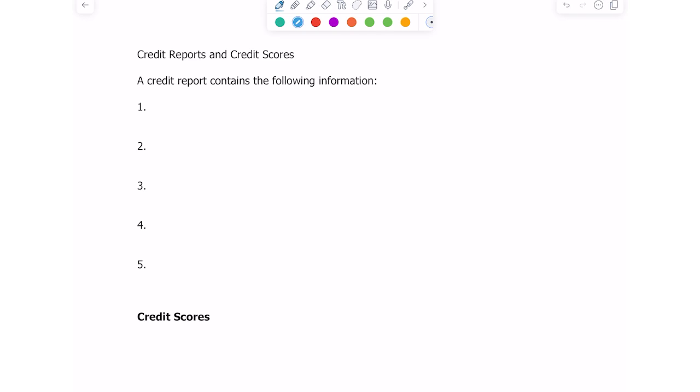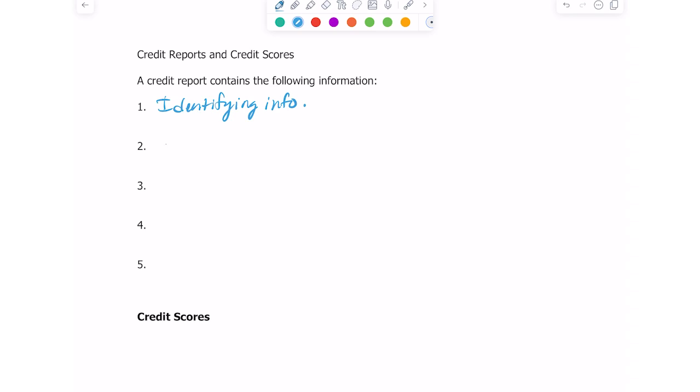Let's talk about credit reports and credit scores, which are something that kind of follow you along for life. So a credit report contains some of the following information. It contains any identifying information. So that means like your name, your social security number, current or previous address.